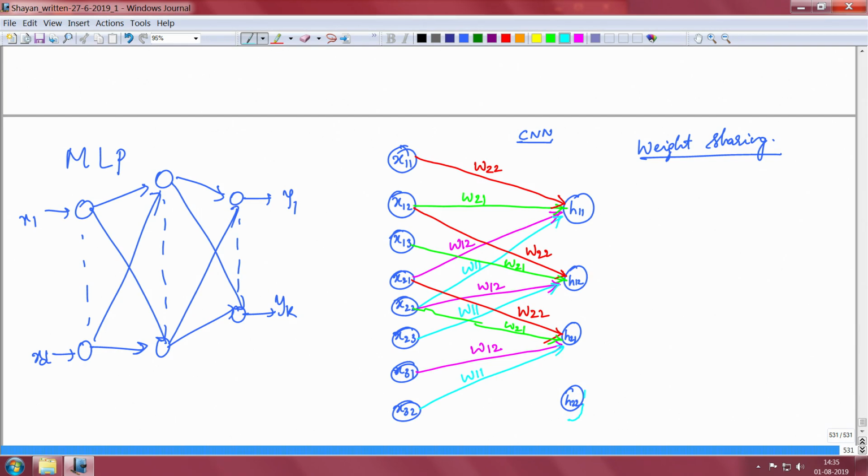And finally, to get h22, we need x22 with W22, x23 with W21, x32 with W12, and x33 with W11.